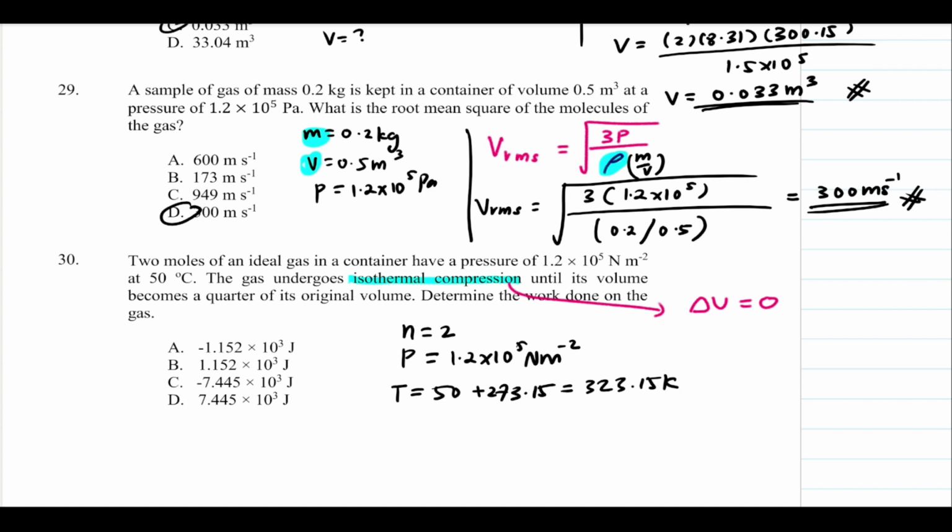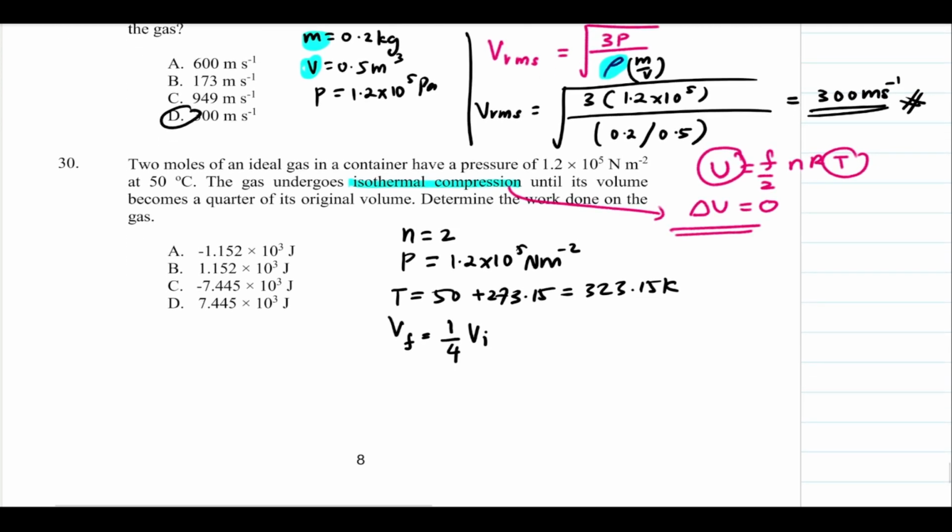Okay, isothermal constant temperature. Delta U equal to 0. Okay, sebab internal energy is depending on T. So kalau T constant, U constant, change of internal energy kosong lah delta U. So until its volume, V final becomes quarter of its original volume. Quarter adalah 1/4 V initial. So determine the work done on the gas.